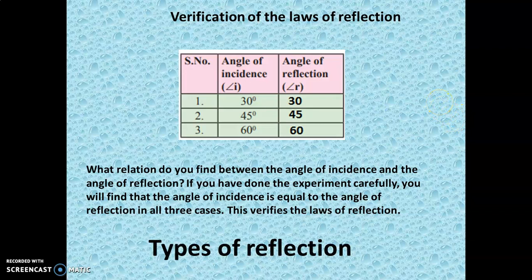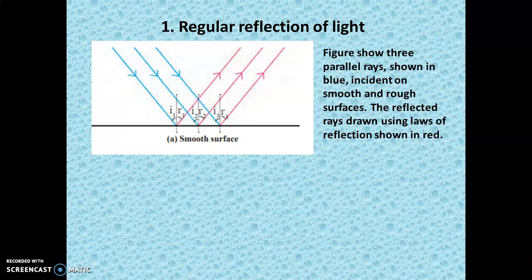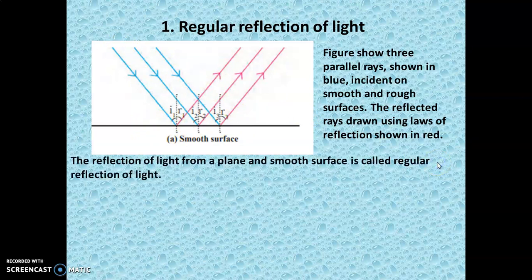Now we go to types of reflection. We have two types. The first is called regular reflection. This is a smooth surface. What happens in the case of a smooth surface is that the reflection of light from a plane and smooth surface is called regular reflection.